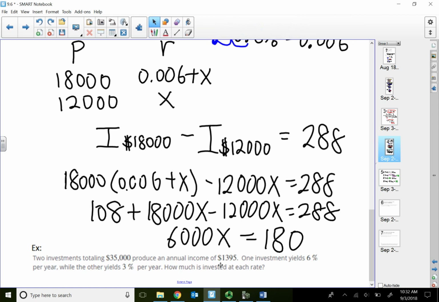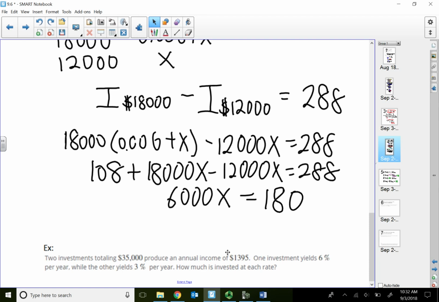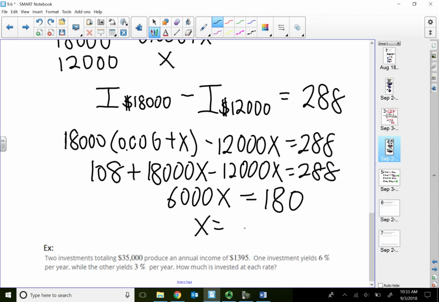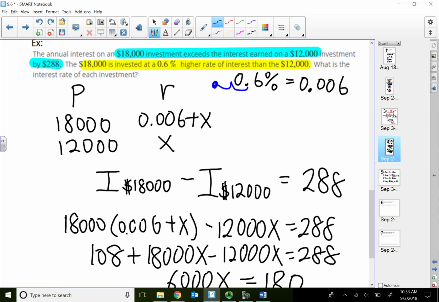Divide both sides by 6,000. 180 divided by 6,000, my answer, 0.03. 0.03 is the decimal notation. In terms of percentage, move to the right two places, so that will be 3%. So x representing the rate for the $12,000. So the $12,000, we invest it at 3%.